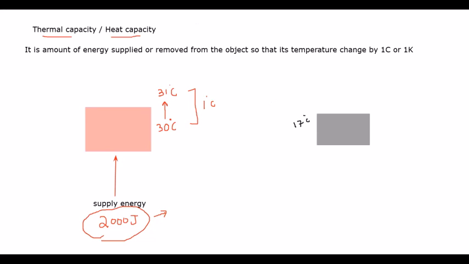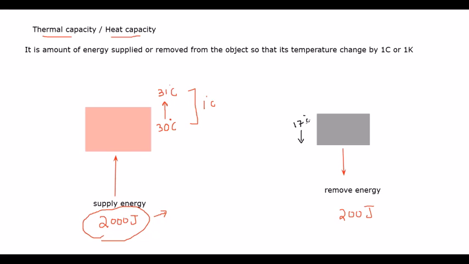So you remove the heat energy from this object. Example, you remove 200 joules. So when you remove 200 joules, what do you observe? You observe that the temperature drops, because if you remove the energy, the temperature will decrease. If you supply the energy, the temperature will increase.